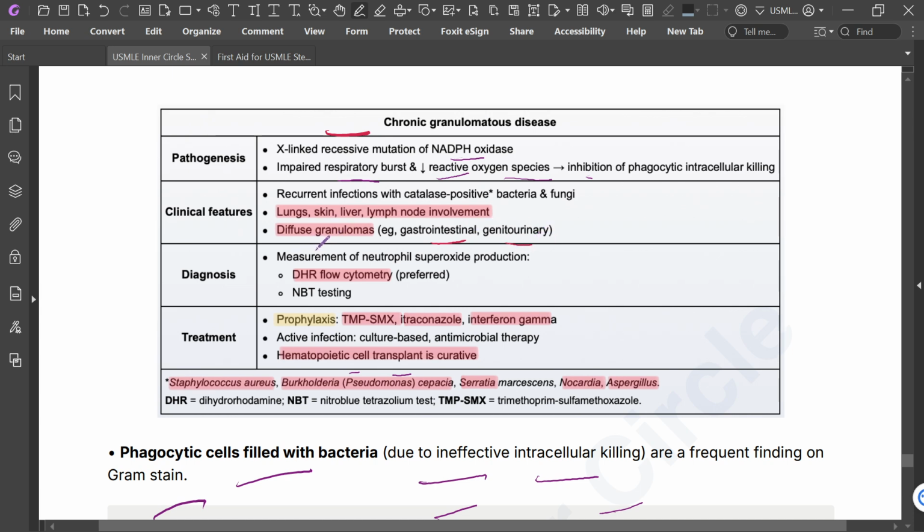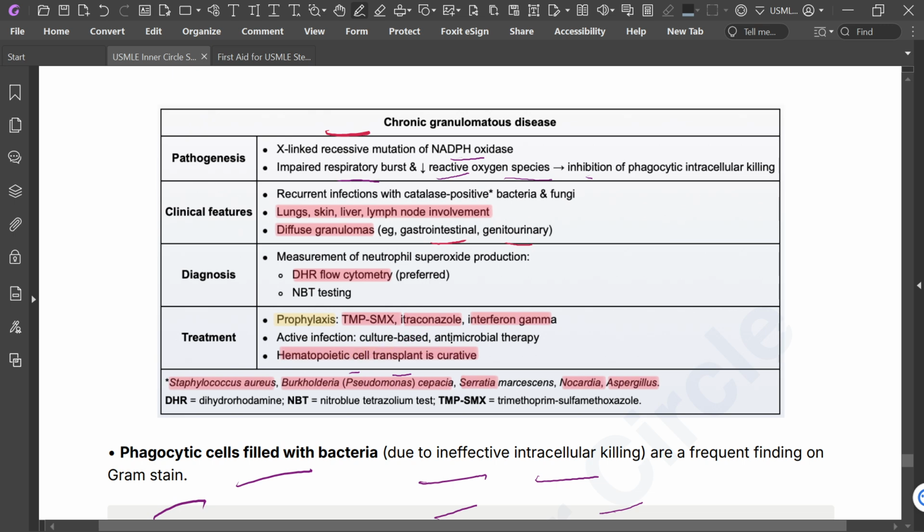genitourinary tracts. Measurement of neutrophil superoxide production by dihydrorhodamine flow cytometry is preferred, and the nitroblue tetrazolium test can also be done. As treatment, TMP-SMX, itraconazole, and interferon gamma can be given.